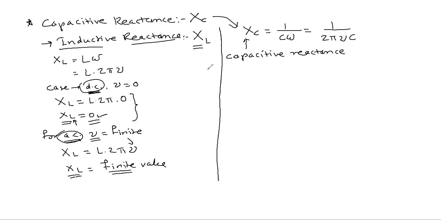Now let us deal with the first case, for DC. Frequency is 0. If you put the value of frequency in this formula, I get Xc is equal to 1 upon 0, that means infinity.